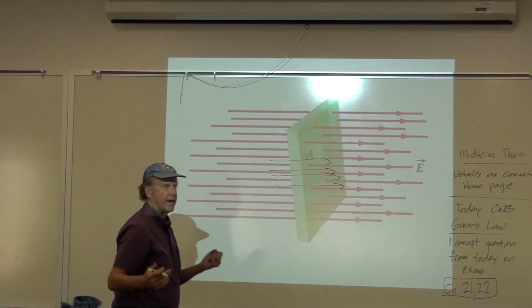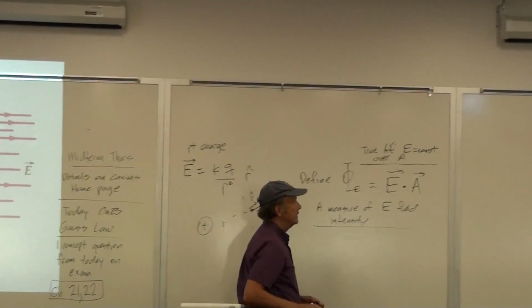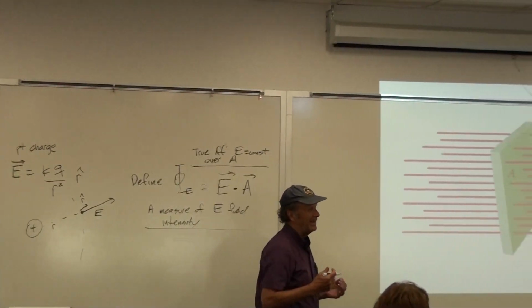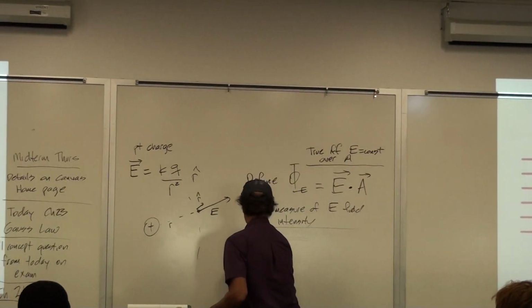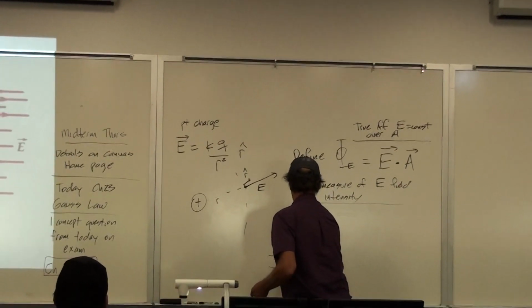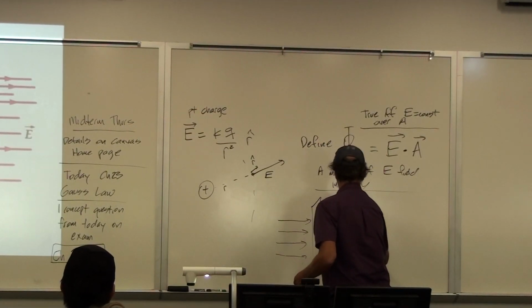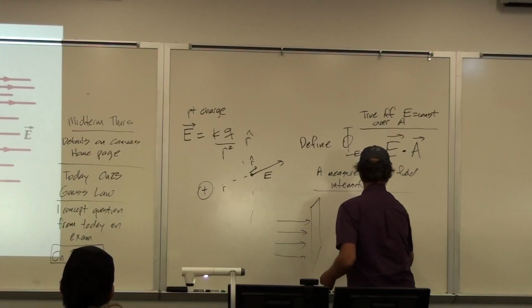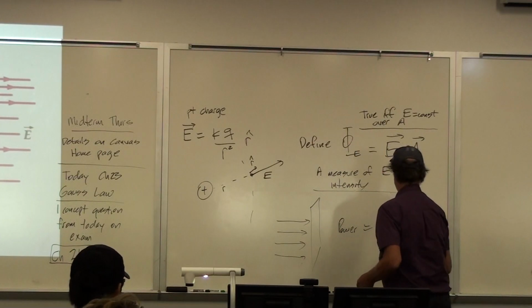And so what's this like? You know, I know electric field is an abstract concept to begin with, but what is this like? Well, if we thought of these as being like rays of light, we could talk about the power as equaling intensity dot area.